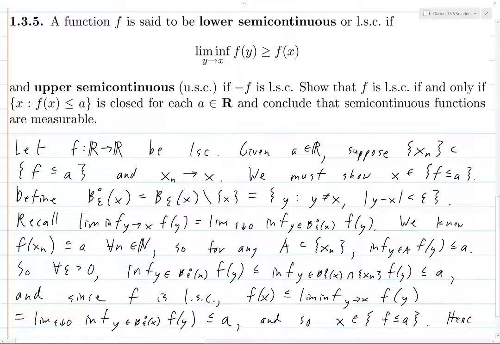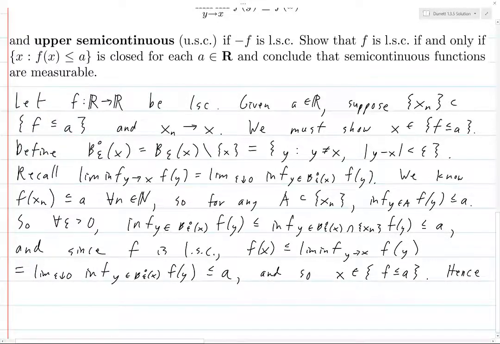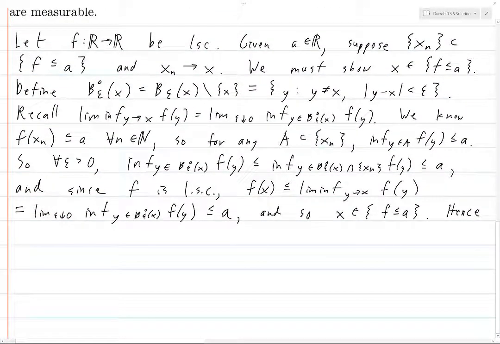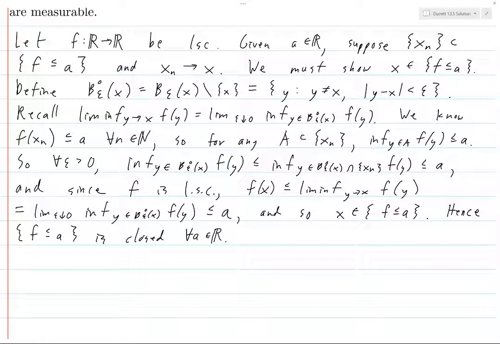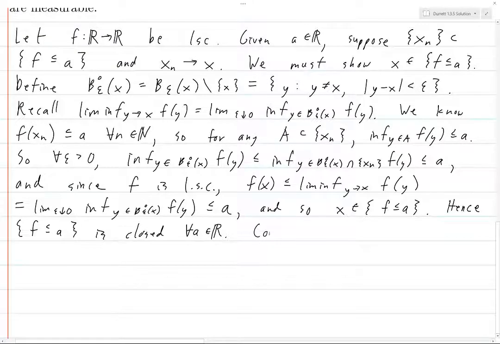And hence, this proves that this set, f less than or equal to a, is closed for all a in R, because it contains all of its limit points. And that's one of the directions that we wanted to show, that if f is lower semi-continuous, then this set is closed. But now we need the other direction.